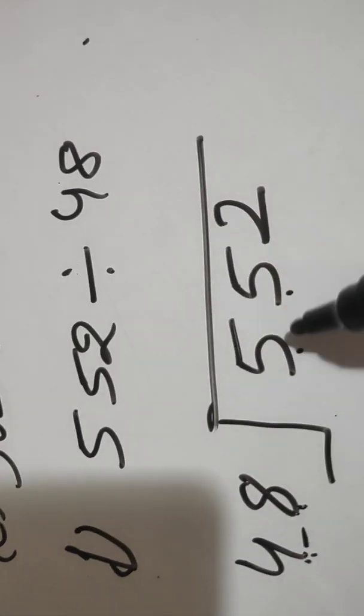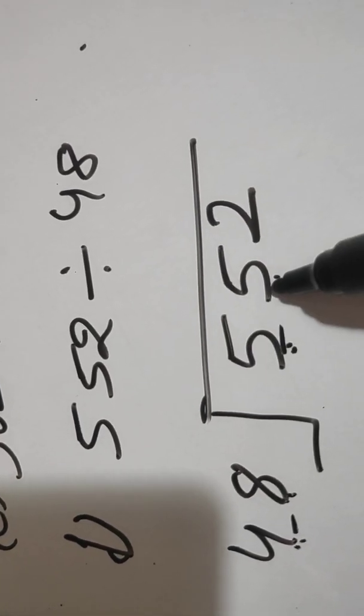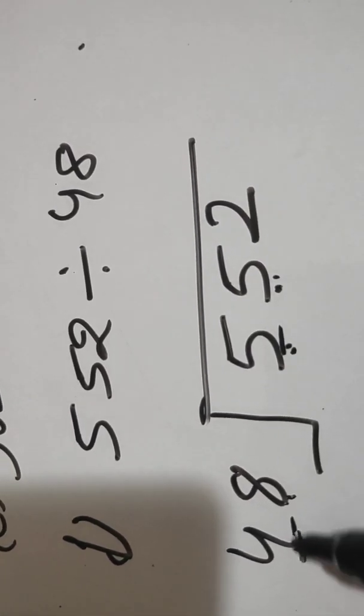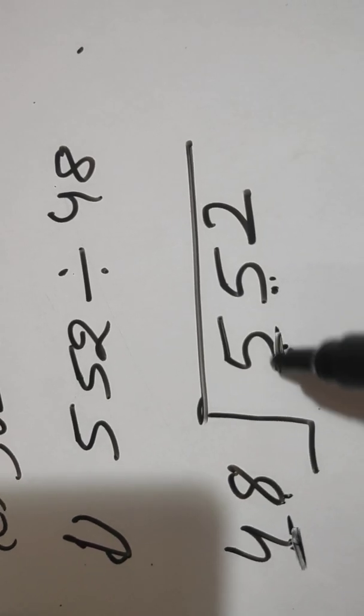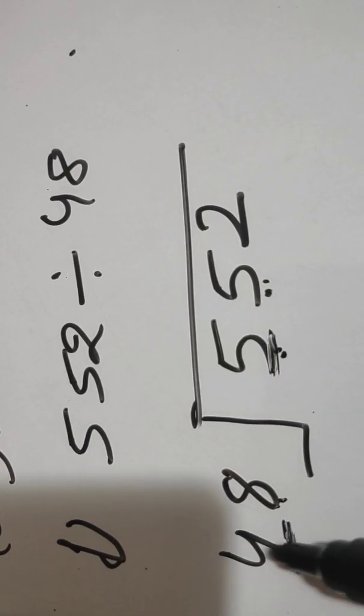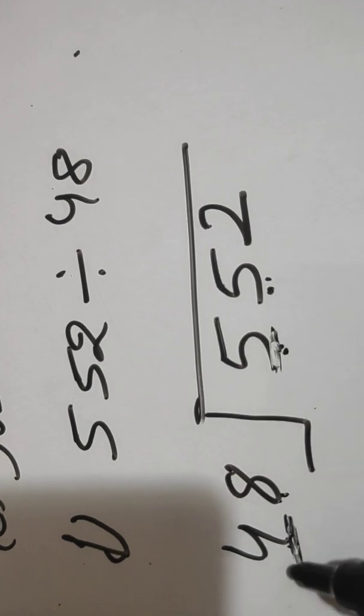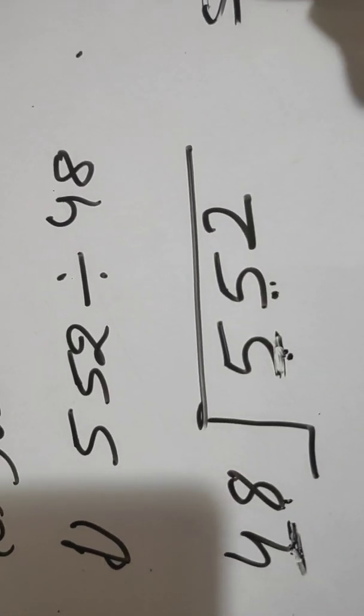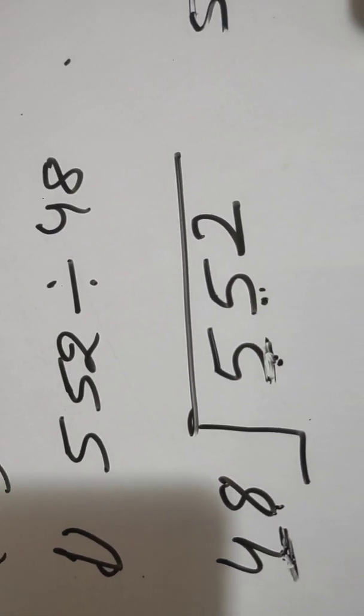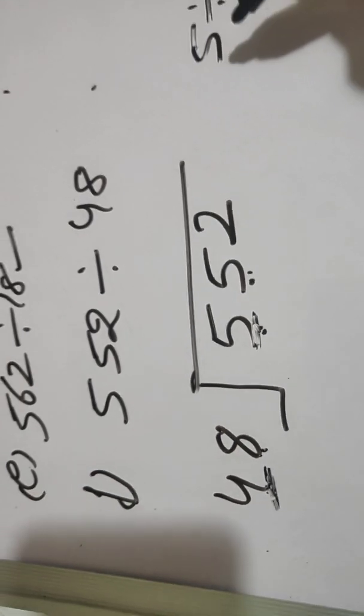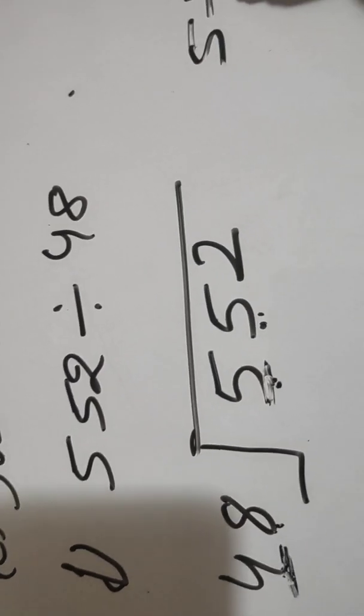Divisor is in 2 digits, dividend also we will take 2 digits, but we will check with the first digit. We will divide the first dividend digit by the first divisor digit, meaning 5 you will divide by 4. So in the table of 4, for 5: 4 1s are 4, 4 2s are 8.